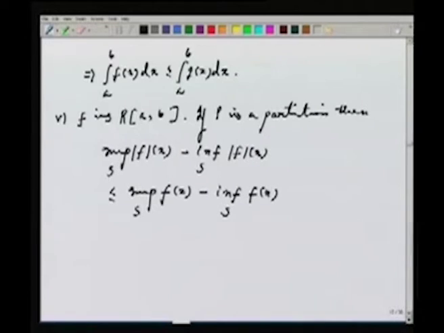It is because of the oscillatory nature of the function. f can take positive as well as negative values, then the infimum will be negative and the supremum will be positive, but for mod f both the quantities are positive. So the difference between the supremum and infimum of mod f is always less than or equal to the difference between the supremum and infimum of f. Now instead of S, I actually want to concentrate on [x_{i-1}, x_i].